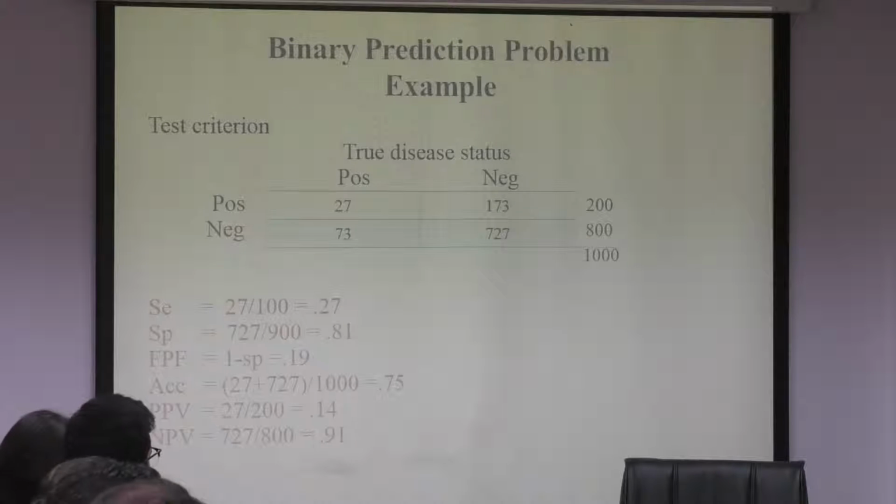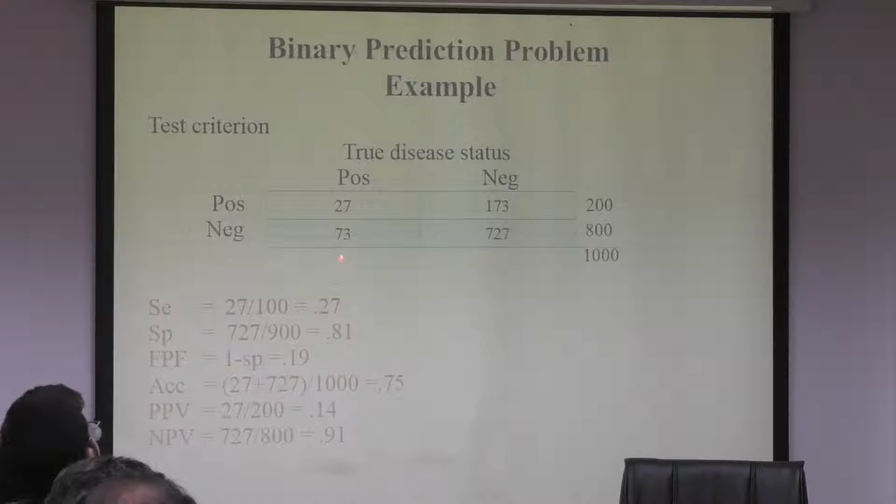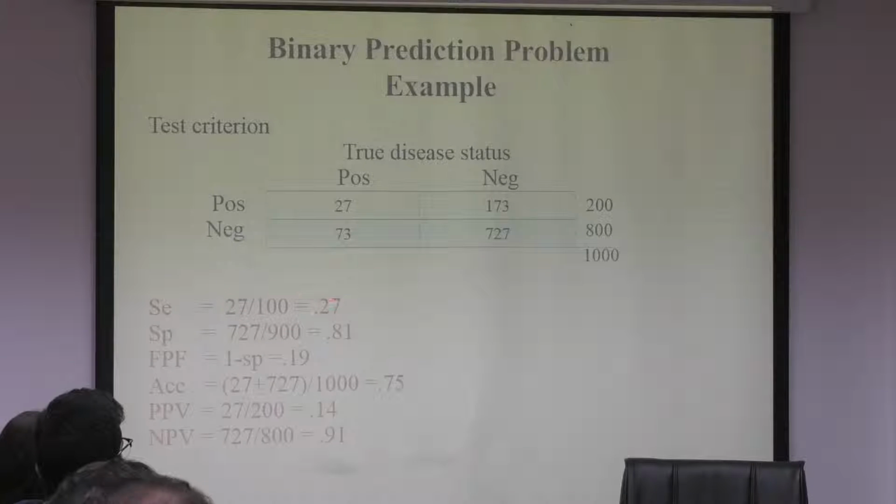Now, look at this. If I have this criteria or this table, I have sensitivity being what? 27 over 100, right? So it's 0.27. Okay, so 0.27 or 27%, right?